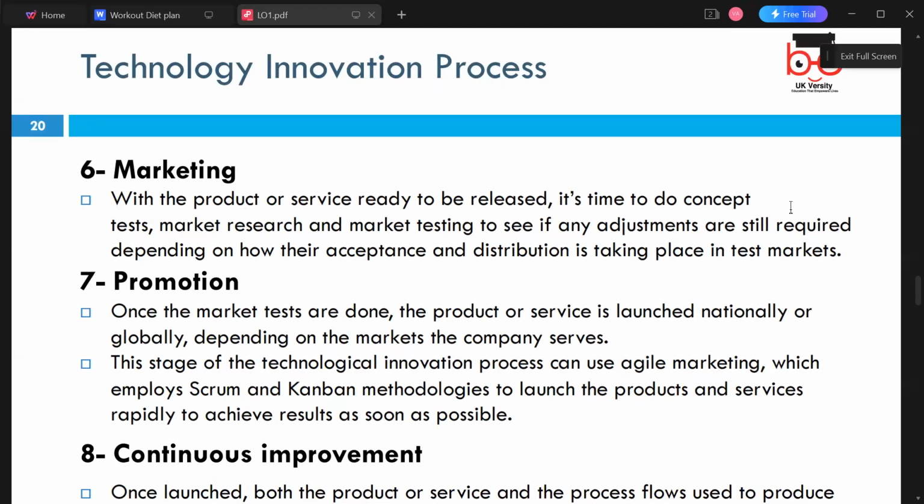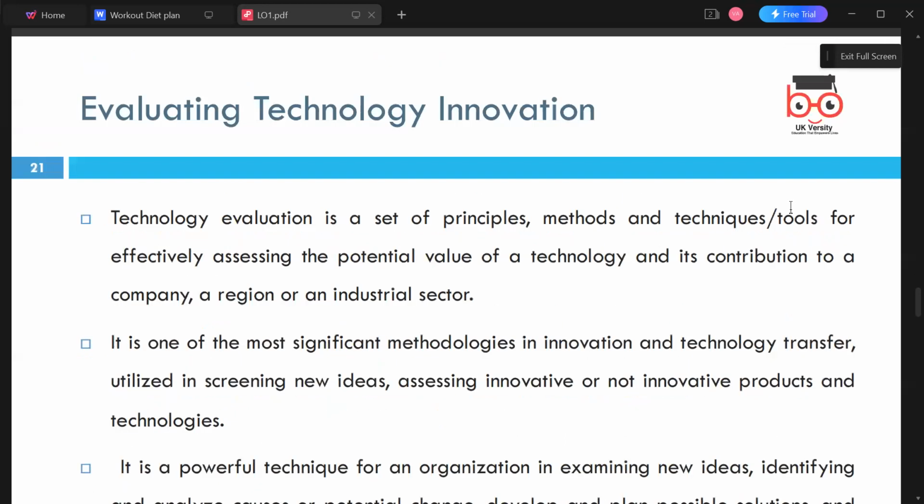Also technologies in marketing, where the product or service is ready to be released. It is time for concept testing, market research, and market testing to see if any adjustments are still required, depending on how acceptance and distribution are taking place in the test market.